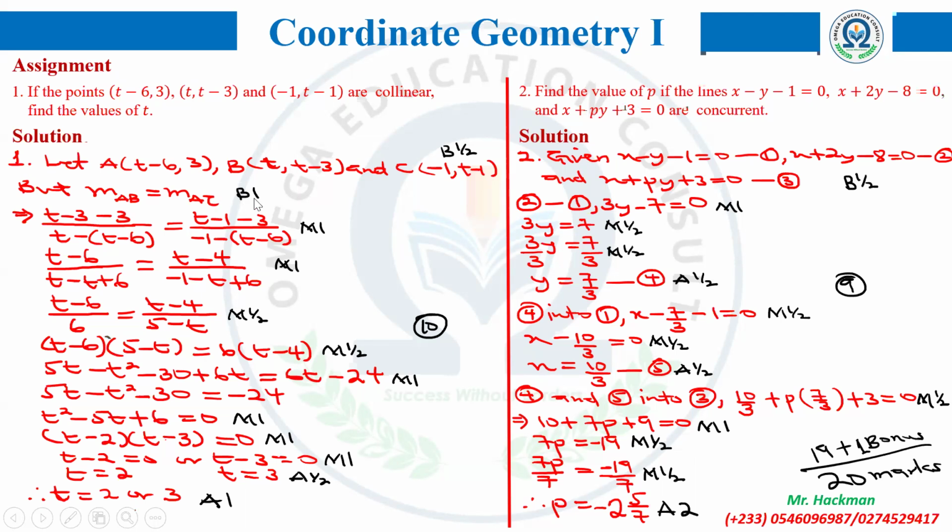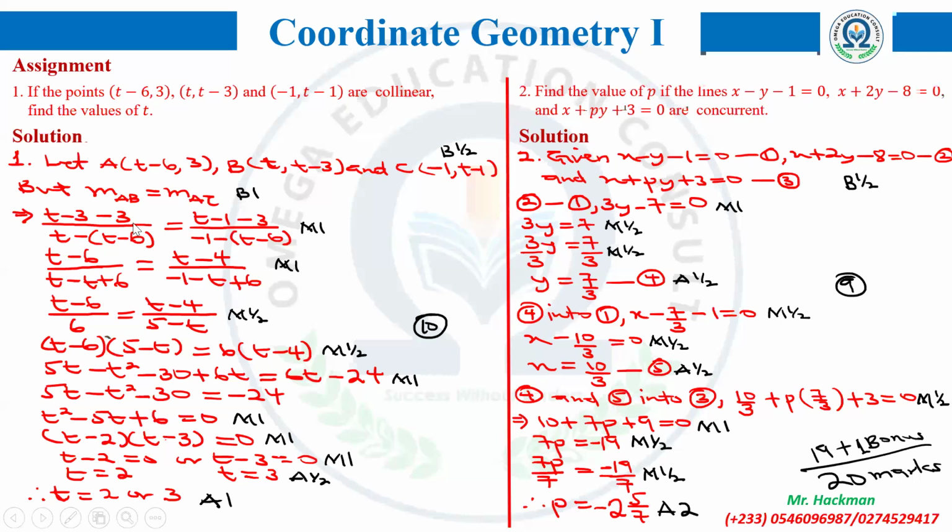Most of you were able to do this, only that some of you wrote AB, AC, and some of you wrote AB, then BC. There is nothing wrong with that. You can pick any two different pairs like I've stated. Only that if you write AB, BC, or whatever, and I can't see A, B, C here, you know there is a missing link. That's why I said, anytime you write, don't just write.